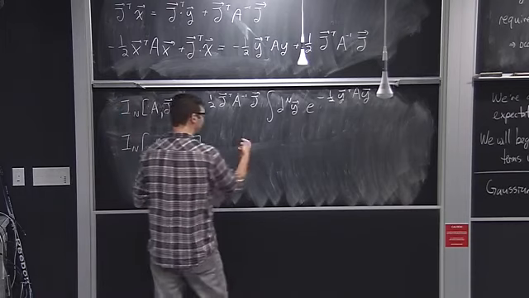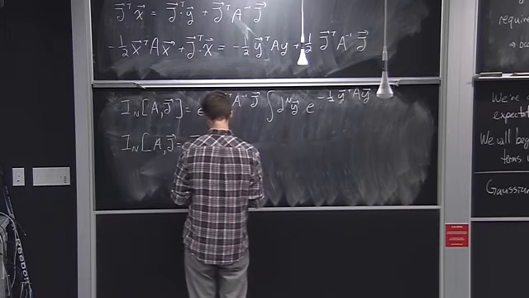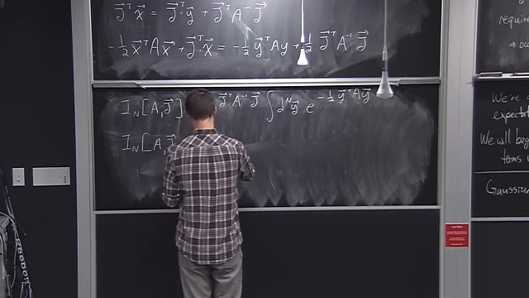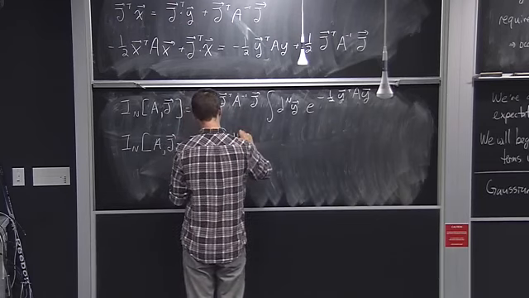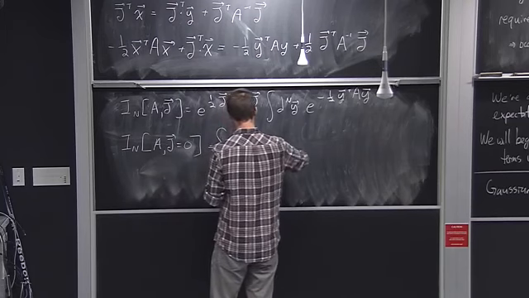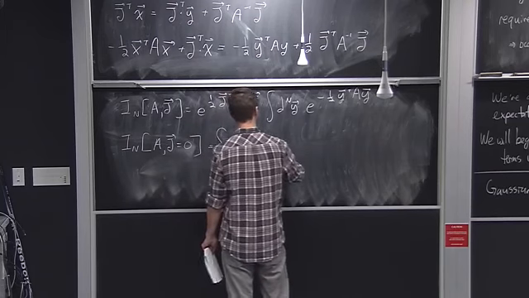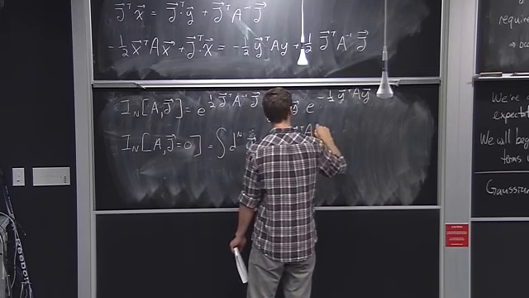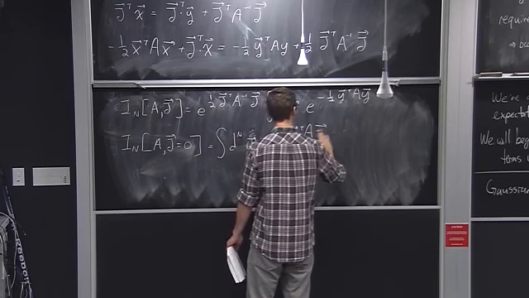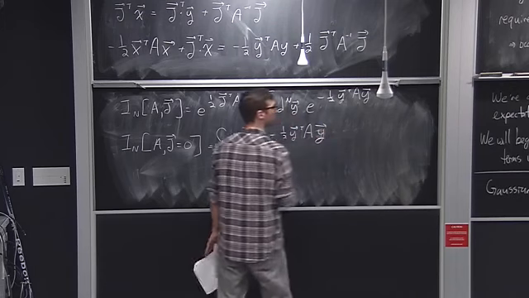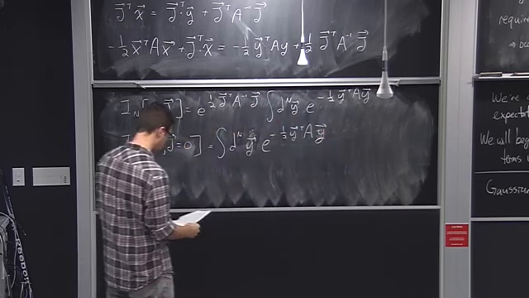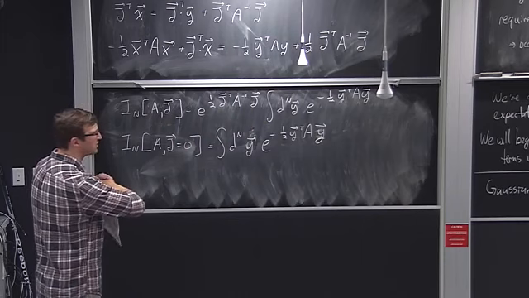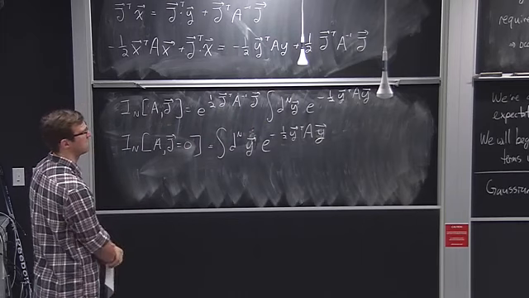So you basically need to know how to do this type of Gaussian. So if I set J equal to 0, I'm asking how do we do this thing? Okay, so to solve this thing, what you do is diagonalize A.